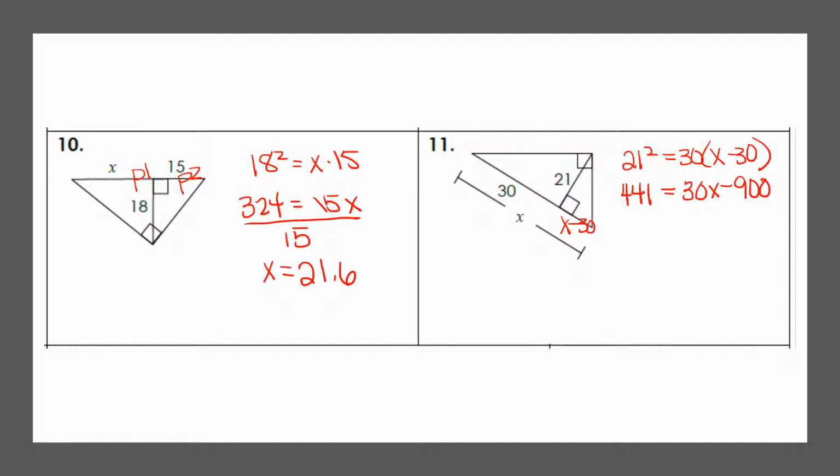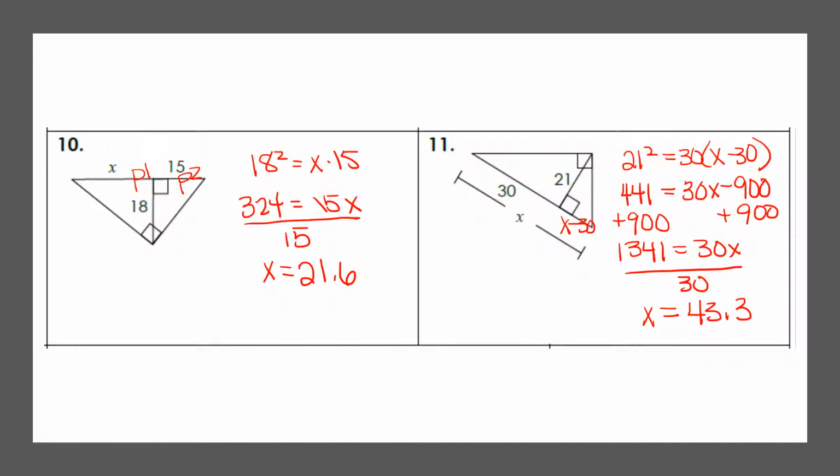I'm going to add 900 to both sides. So I've got 1,341 equals 30x. Divide everything by that 30. And I should get 43.25 and some ugly numbers. So let's call it x equals 43.3.